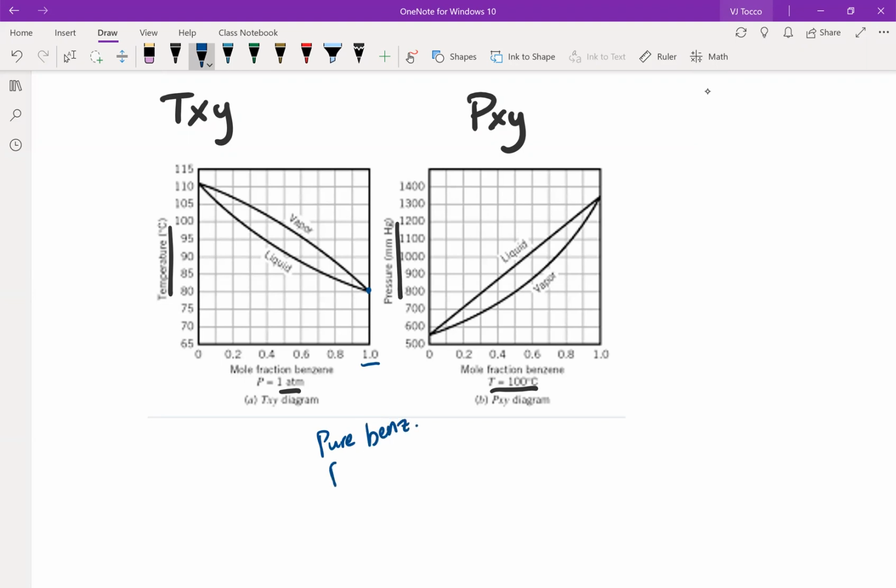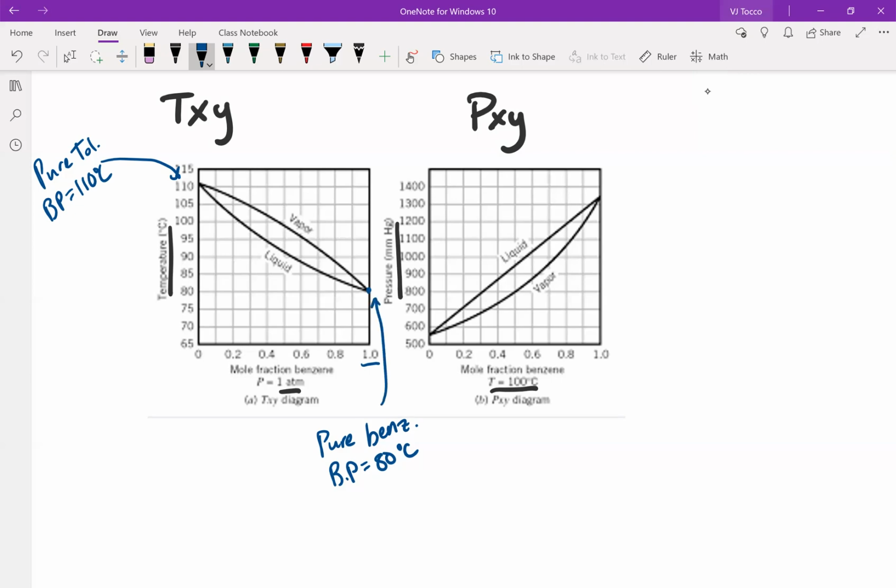Pure benzene boiling point is equal to 80 degrees C, roughly, by looking at the diagram. Over here, on the other side, I got pure toluene boiling point is about 110 degrees C. I can go to 1 atmosphere and that temperature. Actually I can't. So I have to do 100 degrees. So if I wanted to compare between the two, I'm going to get to that a little bit later.